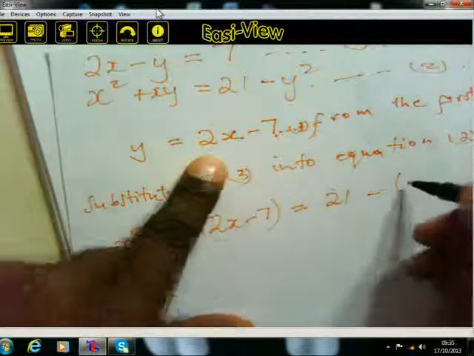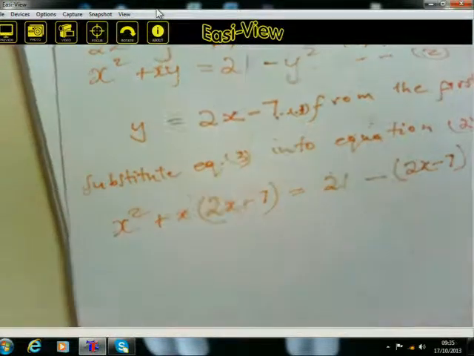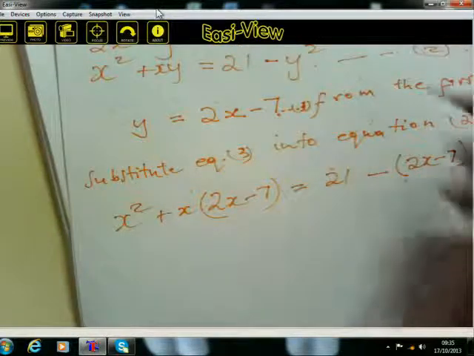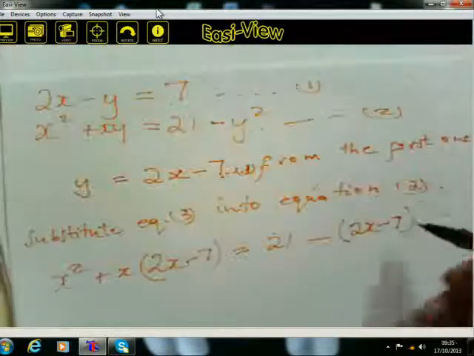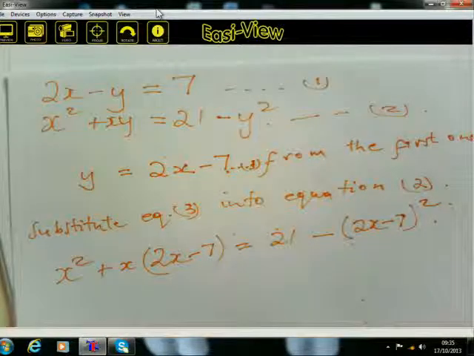Y should be substituted by 2x minus 7. Right? And then it must be all squared.